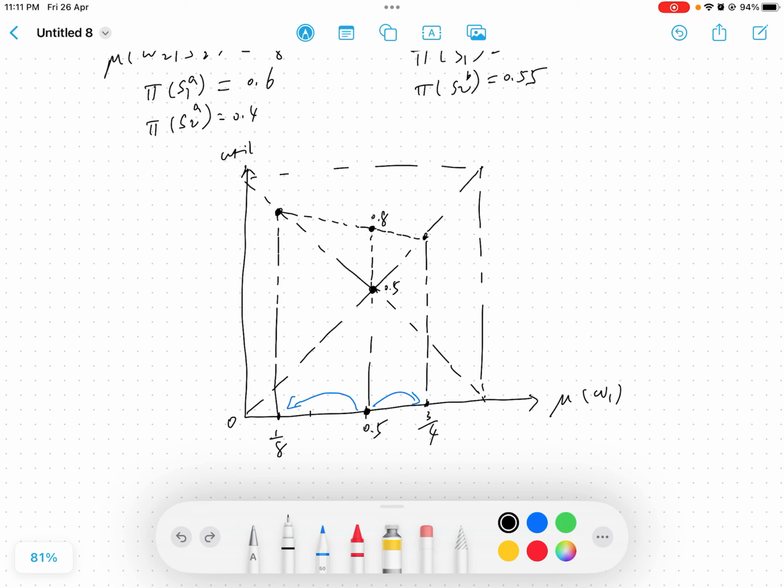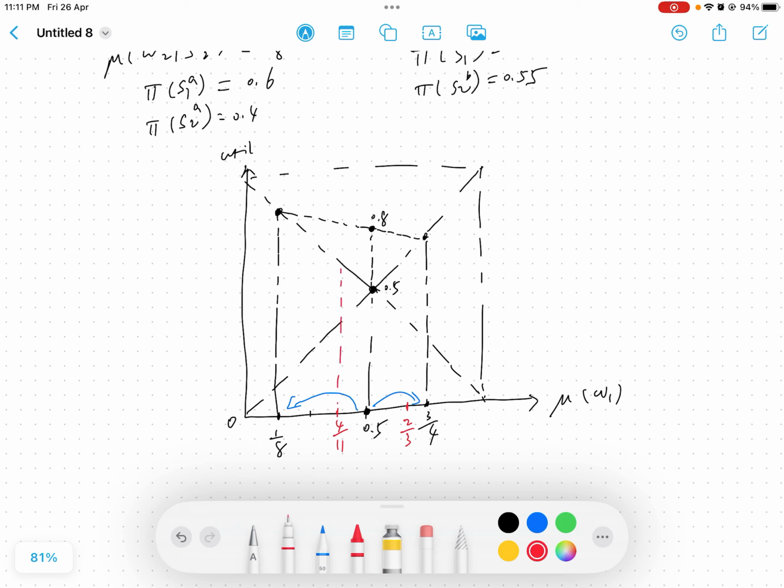How about in our new example, for the new signal pi b? We use another color. We have our two points of the posterior beliefs. One is 2/3, and another point is 4/11.